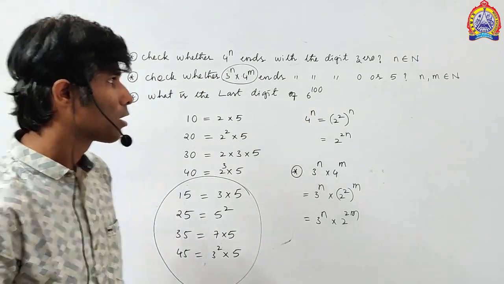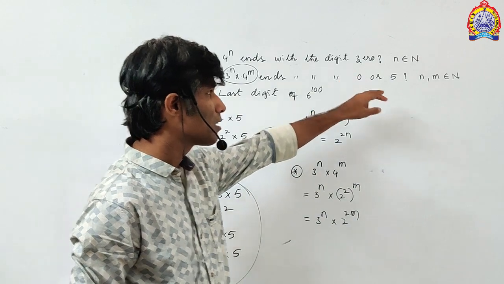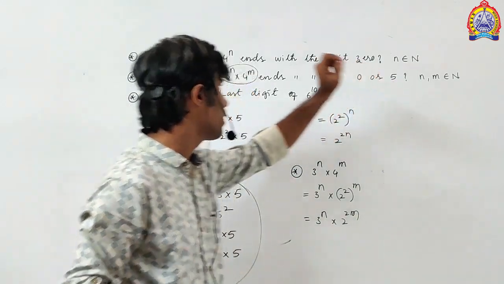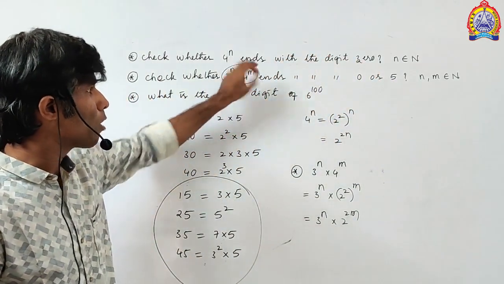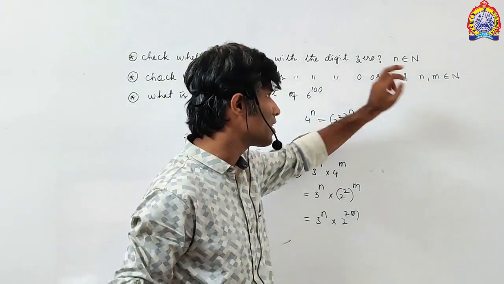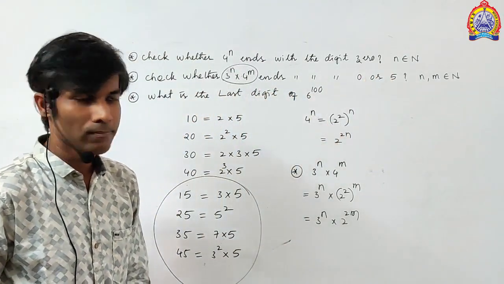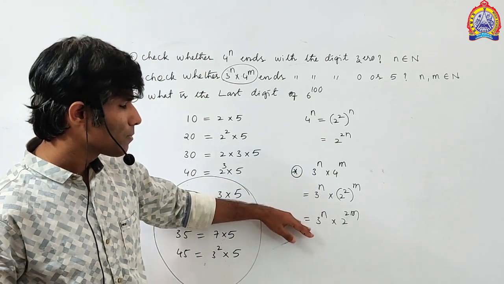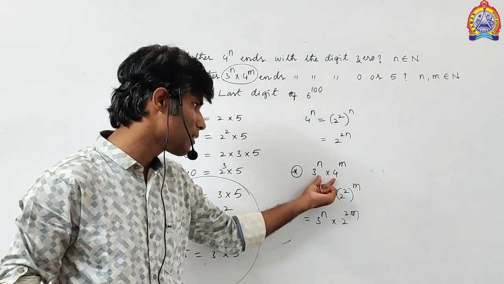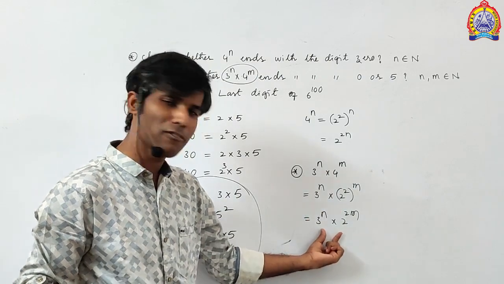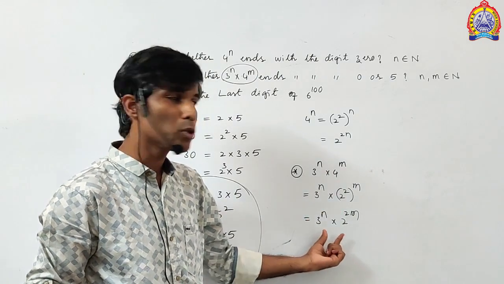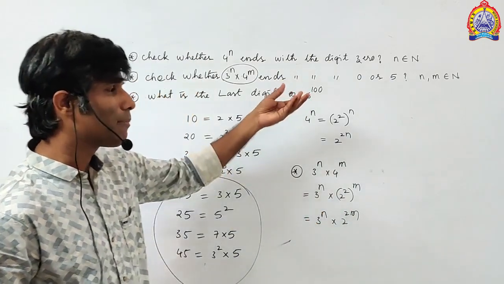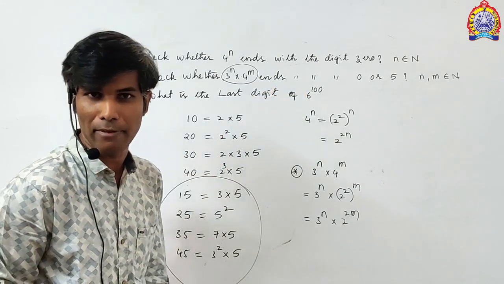Therefore, we can conclude that the given number 3 power n into 4 power m does not end with the digit 5. So, in this problem we are learning that if the given number can be written as a product of primes, we could say whether the given number is ending with a digit 0 or 5.